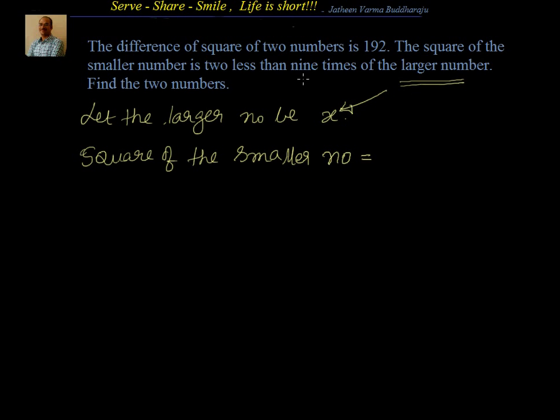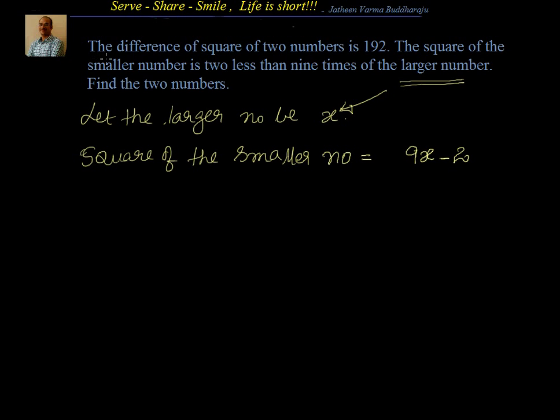Larger number is x, 9 times. So I have to multiply with 9 into x. 2 less than that, so 9x minus 2. Okay, so we have started with larger number. We said it is equal to x. The given condition is square of the smaller number is 2 less than 9 times the larger number. So we know square of the smaller number is 9x minus 2.